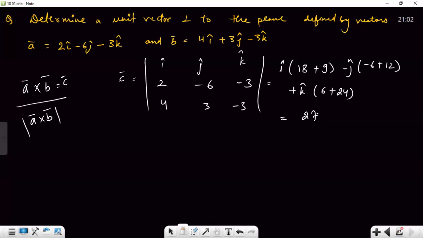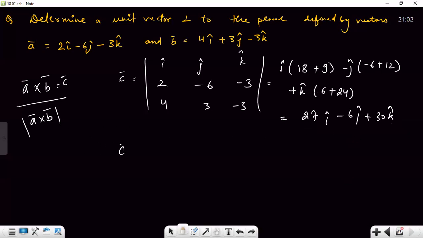I hope we are doing it rightly. Yes, we are doing it correctly. 27 I cap plus 6 minus minus 6 j cap, 24 6 30 k cap. Not divided; this is the only answer. Okay, so this is C vector.